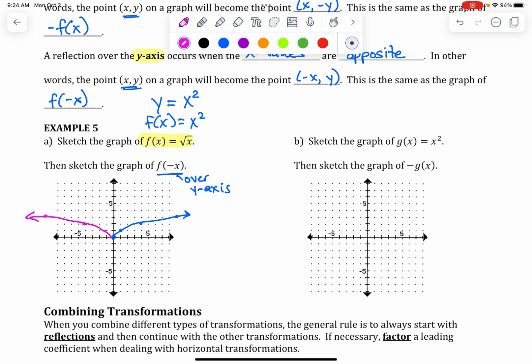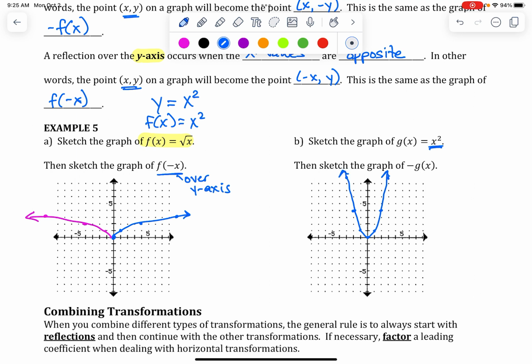Pretty straightforward, I hope. And then for the last example here, we have a parabola. Of course, we know what a parabola is. We've spent lots of time with those. So we'll just plot a few of the main points, squaring all of the x values. There's your parent function. Of course, we know what a parabola looks like.